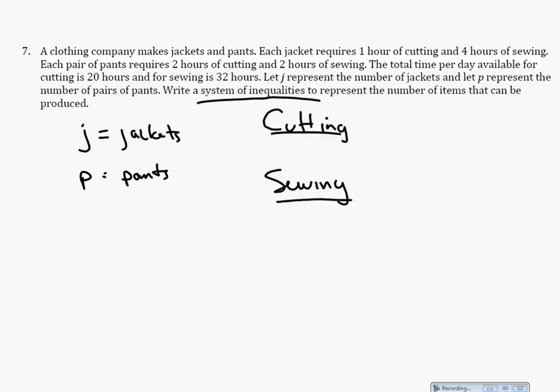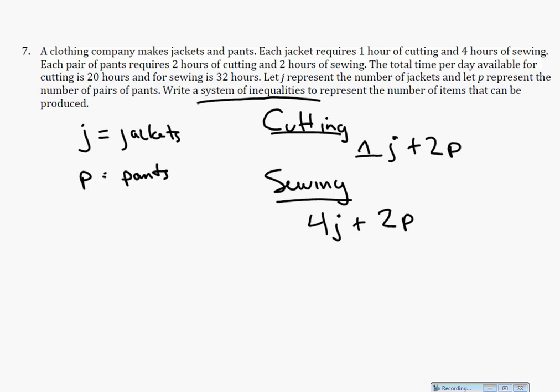All right, so the jacket requires 1 hour of cutting and the pants requires 2 hours of cutting. So for cutting, it's 1 hour for the jacket and it's 2 hours for the pants. For sewing, it requires 4 hours for the jacket and 2 hours for the pants.